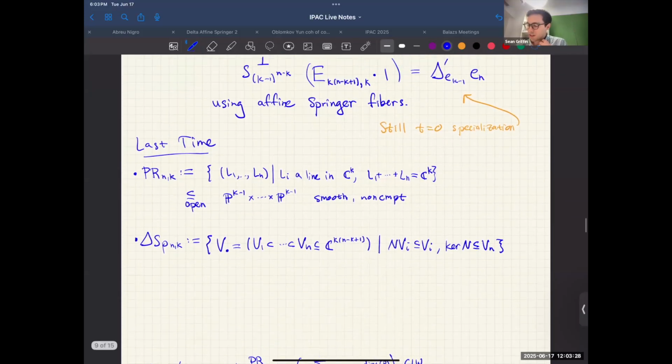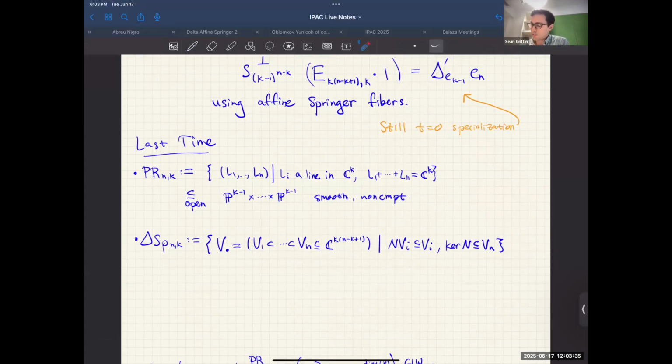And then this other variety that I like to call the delta Springer fiber. It's the space of partial flags, initially complete, so adding up one dimension at a time: a line contained in a plane, contained in a three-dimensional subspace. But you only take up to dimension n, and then all sitting inside of this large dimensional vector space.